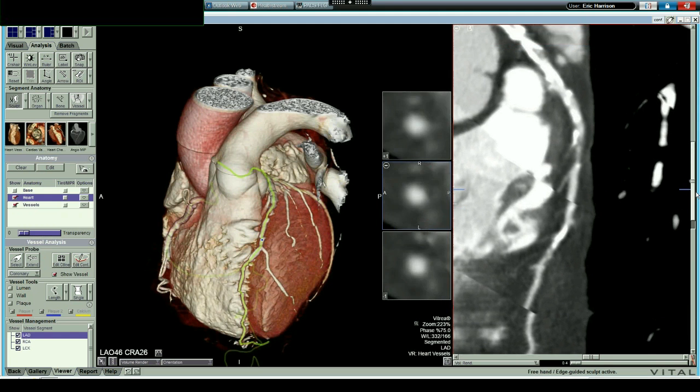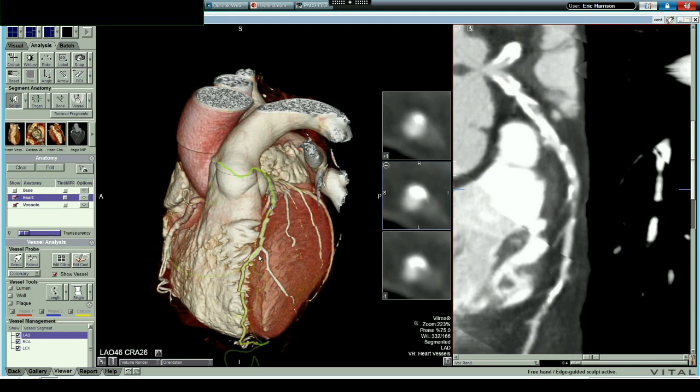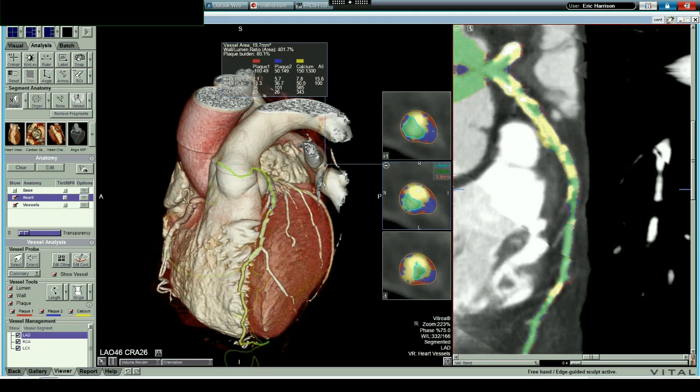And let's move up to it, and let's color code it for lumen, for wall, for the plaque. And so the blood moving through there will be green, and calcium, as you see, is designated yellow or white if it's really dense. And then over here on this side, the designation is blue or sort of purplish for scar, and red for necrotic core.